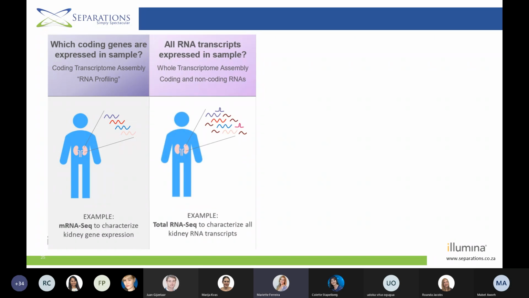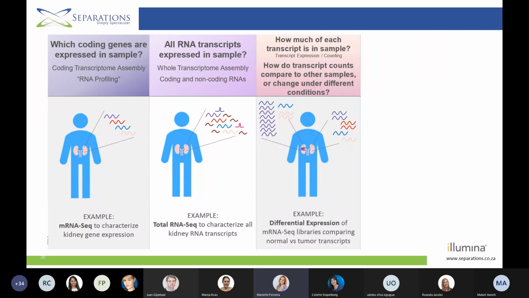If we want to know which RNA transcripts are expressed in a sample, then we would do total RNA sequencing, where we look at a whole transcriptome assembly of both the coding and the non-coding RNAs. If we want to know how much of each transcript is present in a sample, and compare the transcript counts in one sample to another, we would do differential expression of mRNA sequencing libraries.